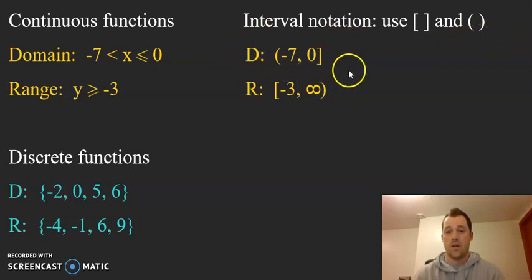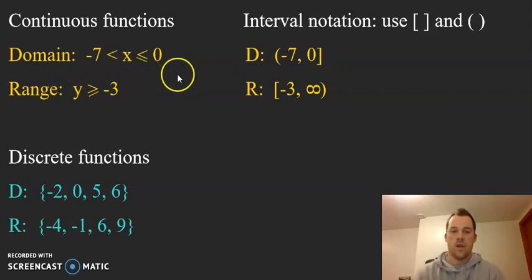So in this example here, -7 is not included in our domain. But it's anything greater than -7 up to and including 0 because there's the bracket. And that matches with what we have here. For the range, again, we say that y is greater than or equal to -3. So -3 is included. There's our minimum value. And our maximum value is infinity.